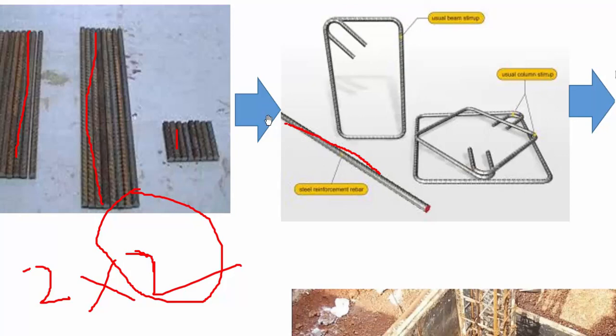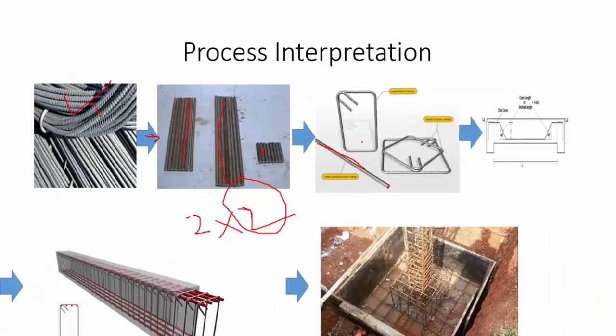So this straight bar is now becoming this shape. This is a very important thing to understand, that in different places there is a machine system. They simply bend this according to the design.